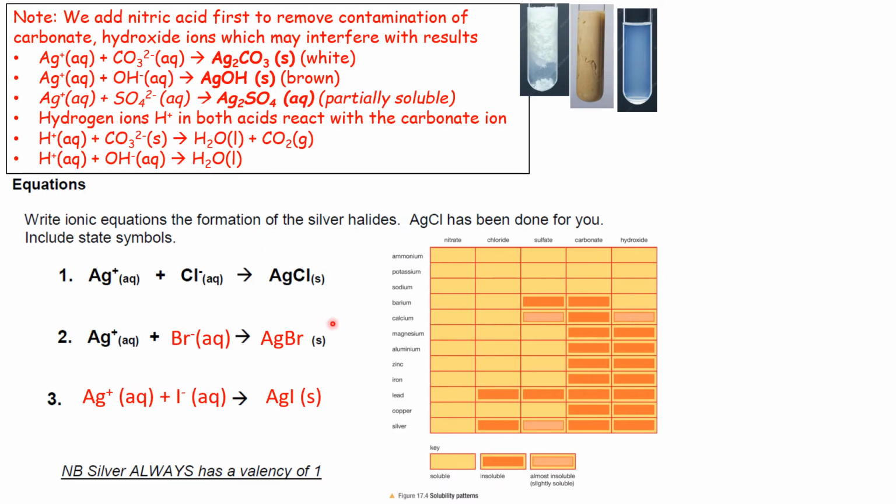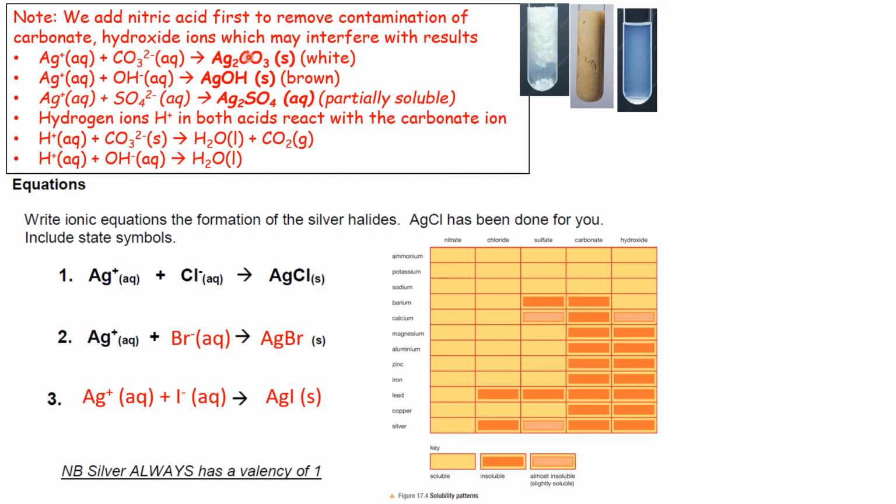In our halide test, we're trying to form silver halides, and these are the 3 silver halides here. Now this box here just helps us to understand why we have to add our nitric acid first, and that's to remove any unwanted carbonate or hydroxide, because both of these ions can react with our silver to form 2 precipitates, and these can obscure our result.